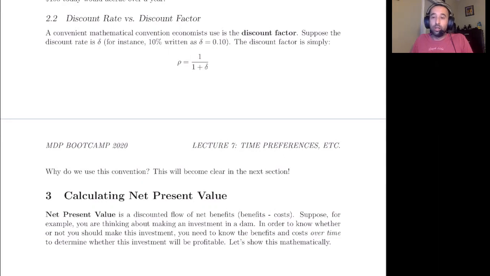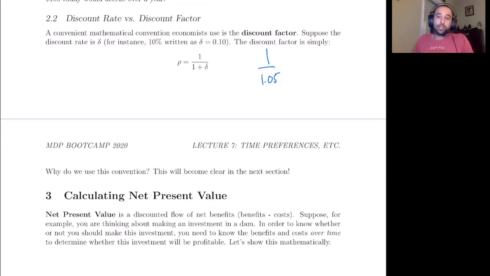The way we write the discount factor is this rho, that's what this P looks like, equal to 1 over 1 plus the discount rate. So if the discount rate is 0.05, which would be 5%, then the discount factor would be 1 over 1.05.